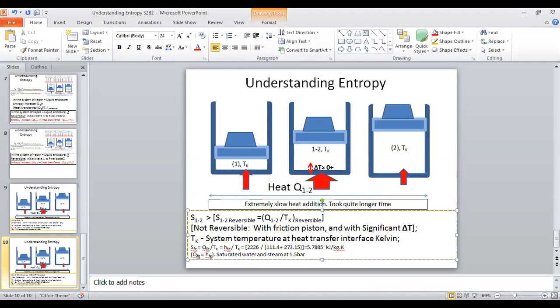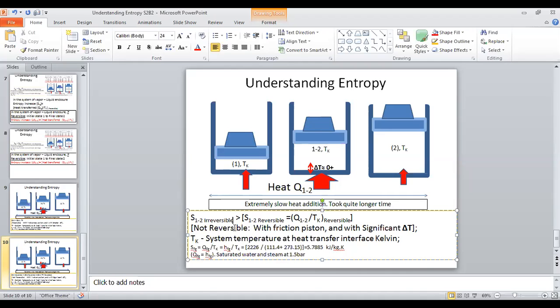S12 irreversible is greater than S12 reversible. S12 reversible is Q12 by Tk reversible. So when irreversible, this is the situation.